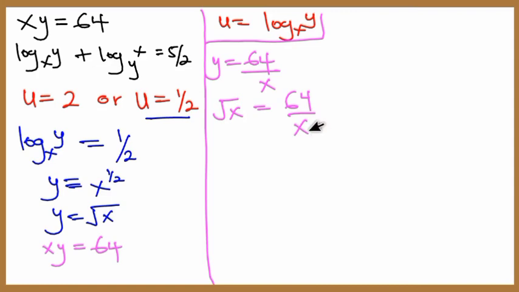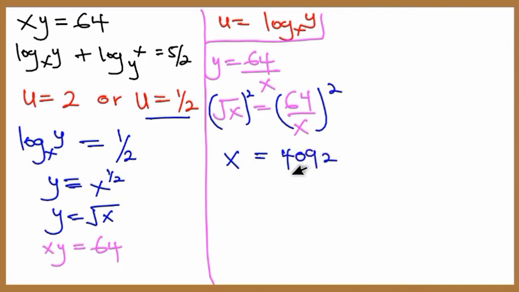So now what you have to do here is try to make x the subject. So you square both sides of the equation. So squaring both sides of the equation, I'll have my x equals, this one gives me 4096 divided by, this one becomes x squared.